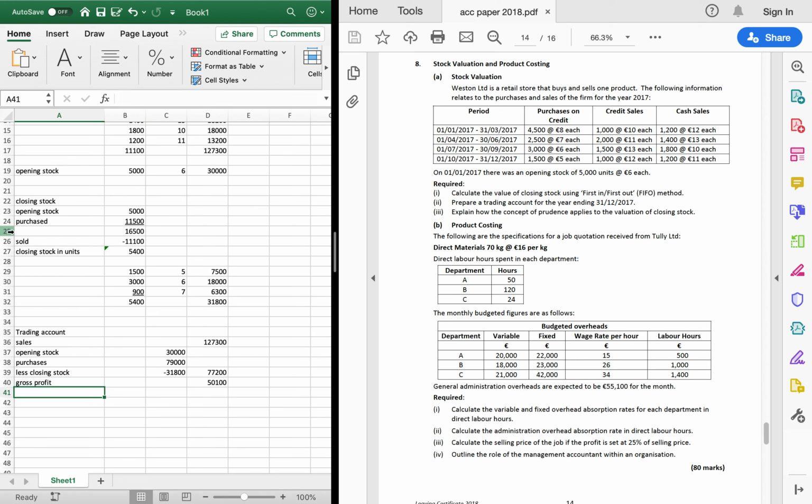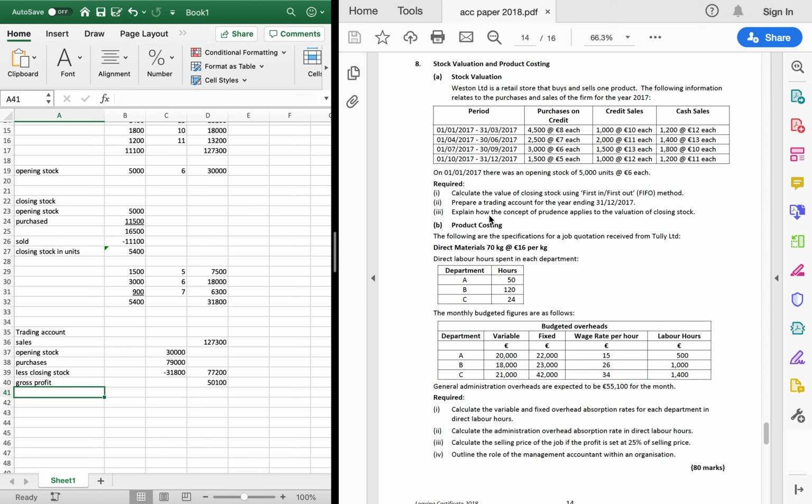Okay. The prudence concept and valuation of stock, would you believe in this question here, it was only worth 1 mark. I'm just looking at a marking scheme here. So the prudence concept is the whole idea that you always exercise caution when preparing accounts, and you only book profits when they occur, not when you expect them to.